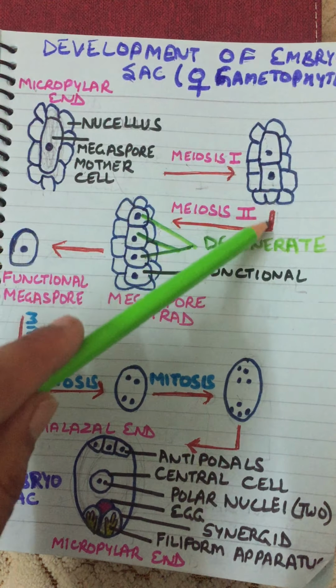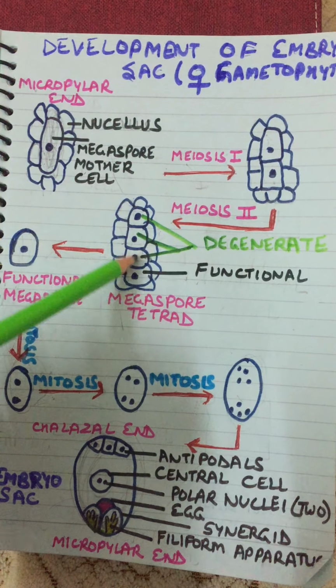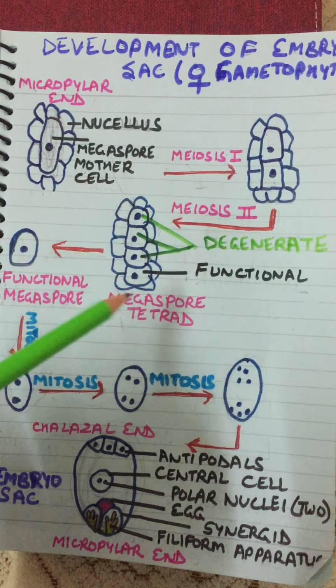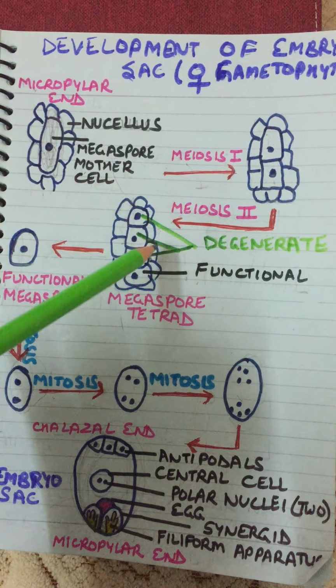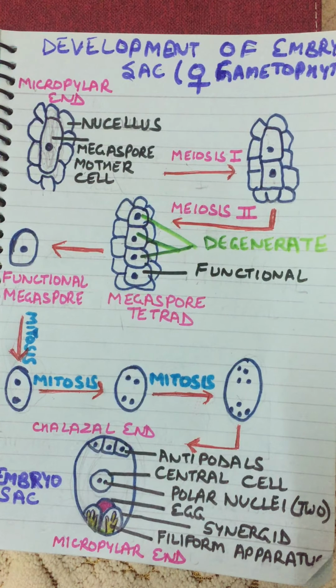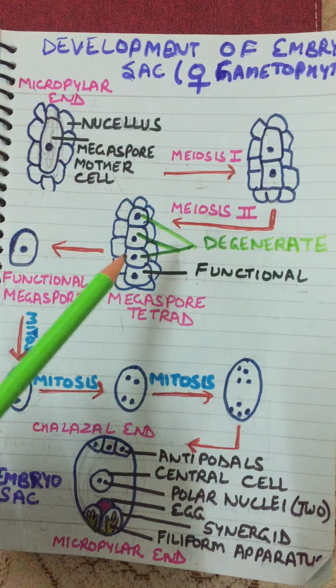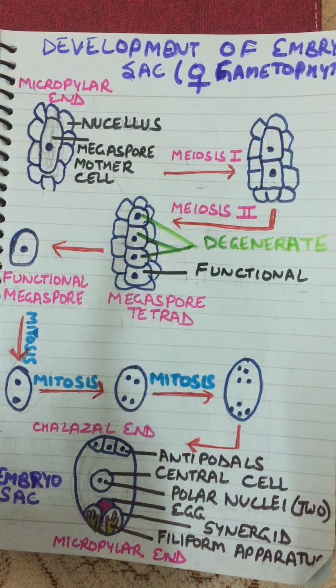These daughter cells will undergo meiosis 2 to form 4 daughter cells called megaspores. These are called the megaspore tetrad. Out of these, 3 megaspores will degenerate and only 1 megaspore is functional. From that functional megaspore, the embryo sac will develop.